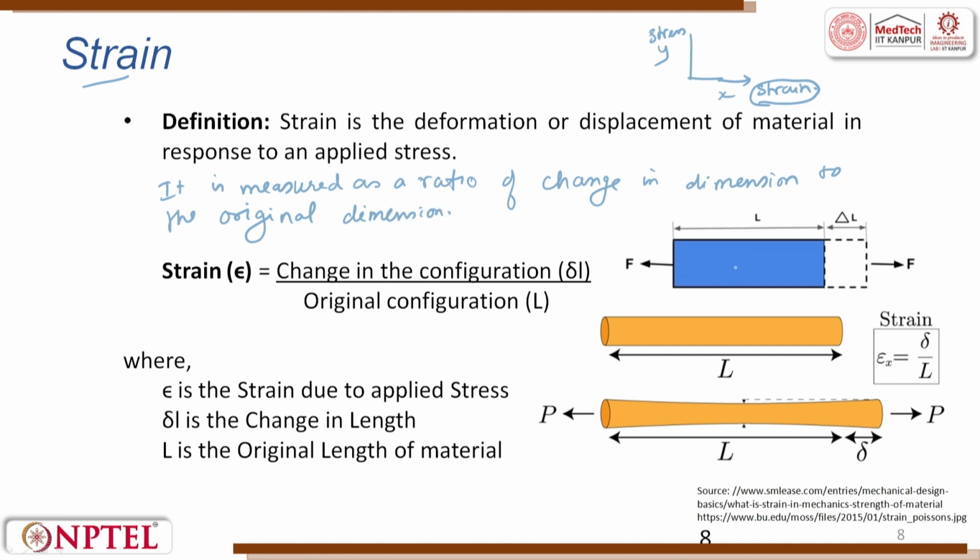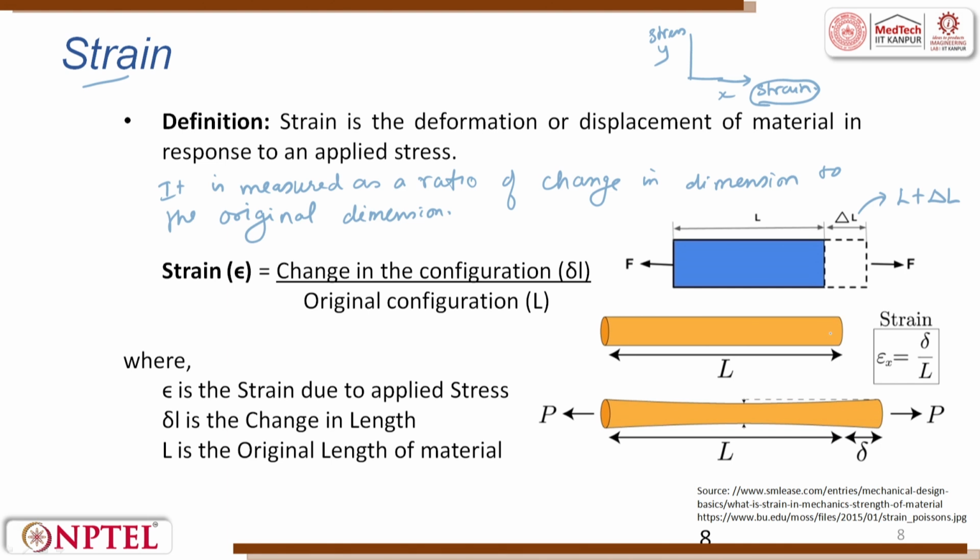So, you are trying to pull the object with force F. Initially the length was L naught. Now the length will be L naught plus delta L, the increased length being delta L. When we write it as a formula, strain epsilon is the change in configuration, delta L, by the original configuration.